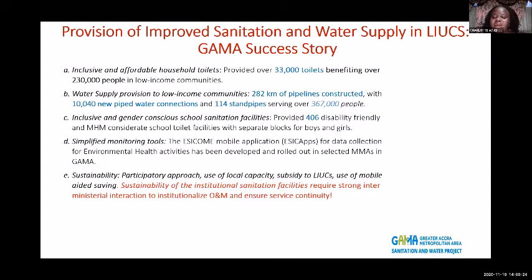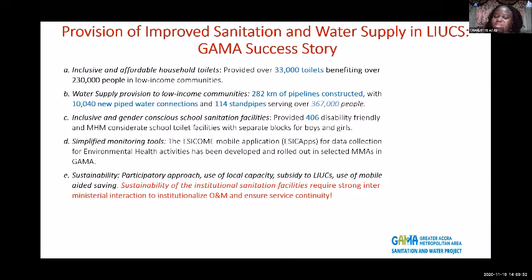We use local capacity, the assemblymen, unit committee members, the chiefs, and then also we subsidized the facility and also created a simple platform that they can pay using a mobile platform. So you can just send your contribution on a mobile platform. And then when you get to a certain stage, we construct the facility for you.